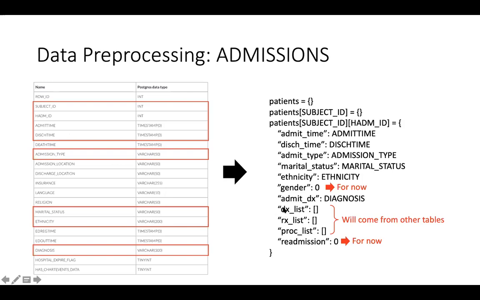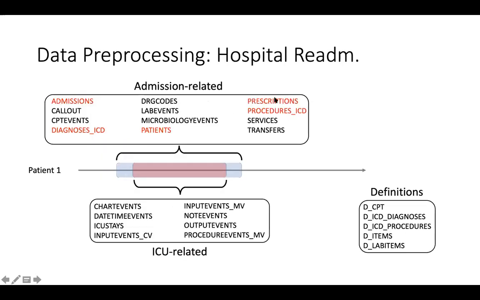We'll store a DX list of diagnoses, because there could be multiple diagnosis codes within one hospital stay. For the same reason, we'll prepare a medication list and a procedure list, and then populate these when we go through the diagnosis, prescription, and procedure tables.